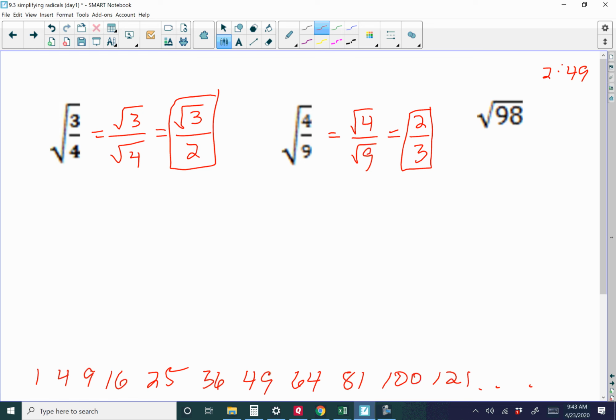And 49 is a perfect square. So what do I get? Square root of 2 times the square root of 49. Well, what's the square root of 49? Since it's a perfect square, nice and easy. I get square root of 2 times 7. I rearrange that. I got 7 square root of 2.